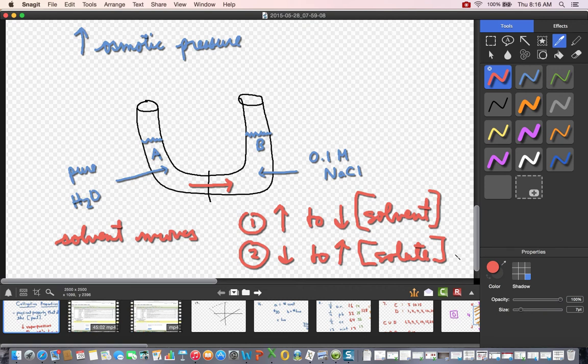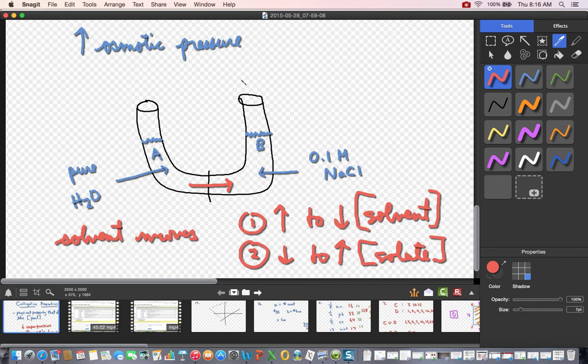So this is a generalization that we can all live with. So if I add more solute to B, so let's say I up the concentration to a 0.2 molar solution of NaCl, even more water is going to cross from chamber A to chamber B.